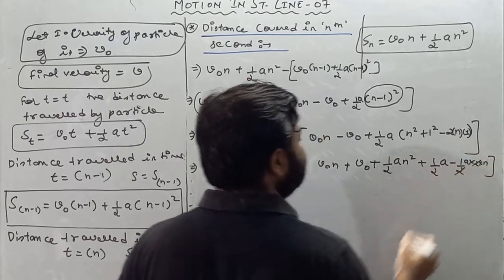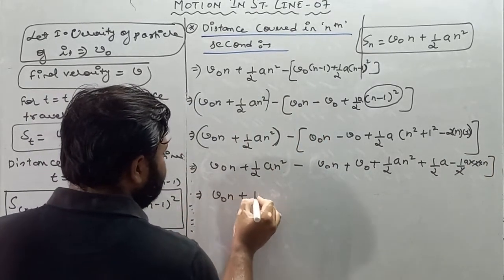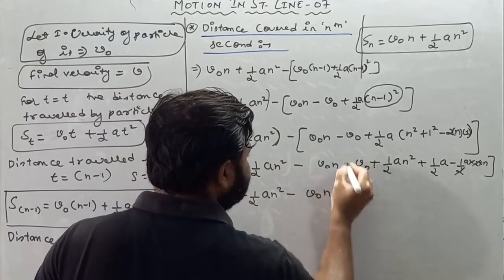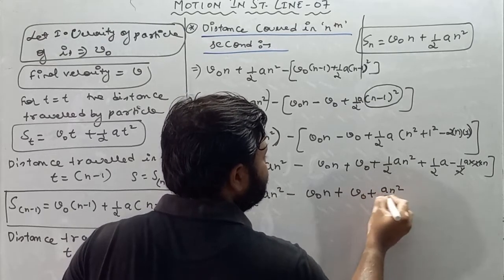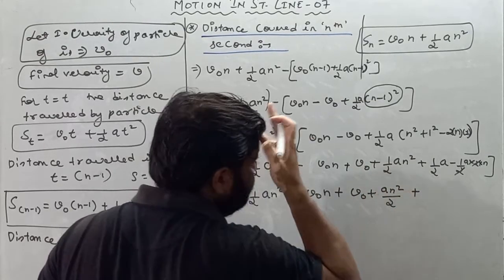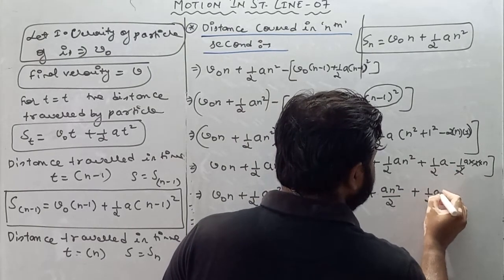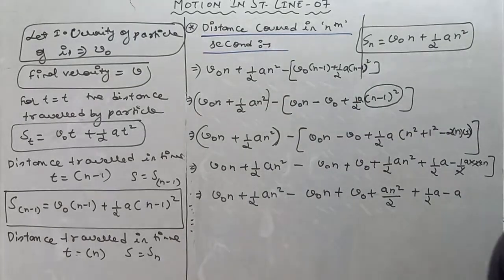So the 2 gets cancelled. So we'll get v naught n plus half a n square minus v naught n plus v naught plus a n square by 2 plus, now it will be half a minus a. This is the equation we'll get.